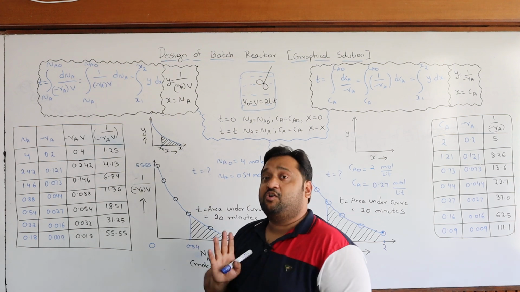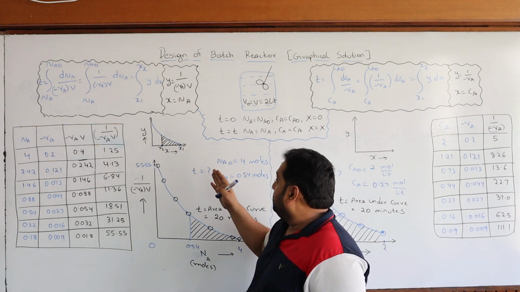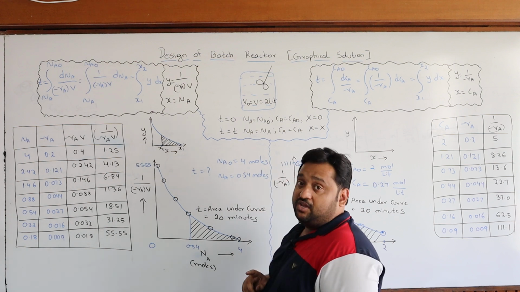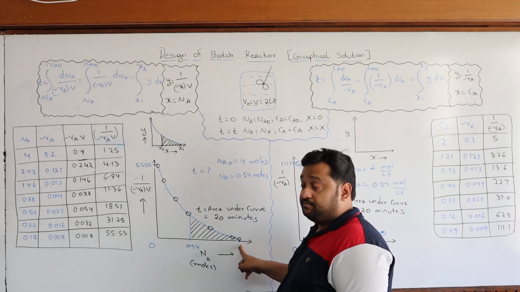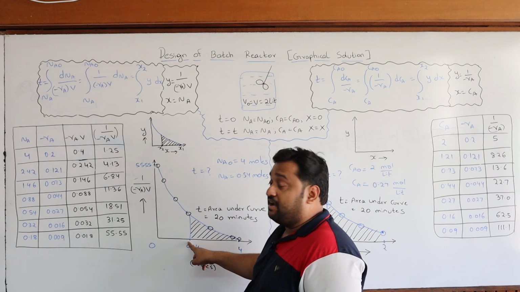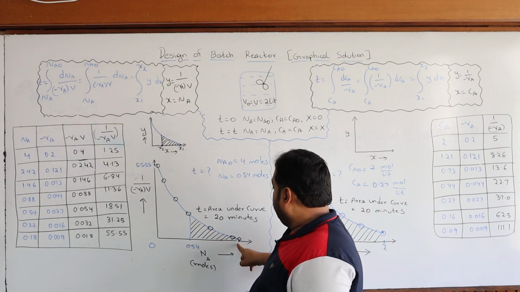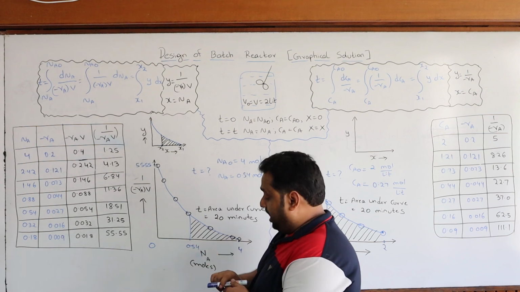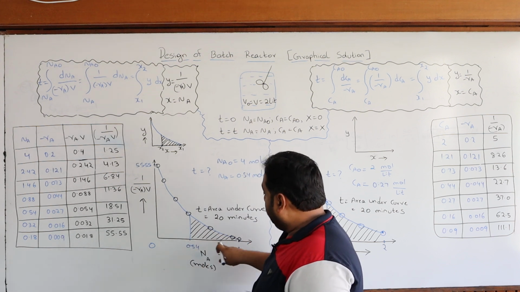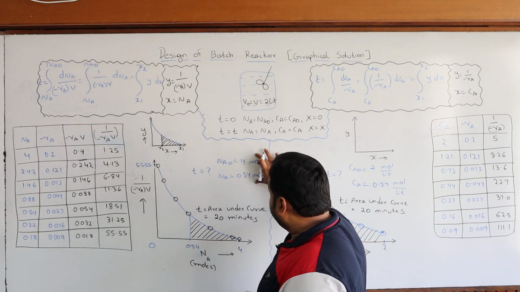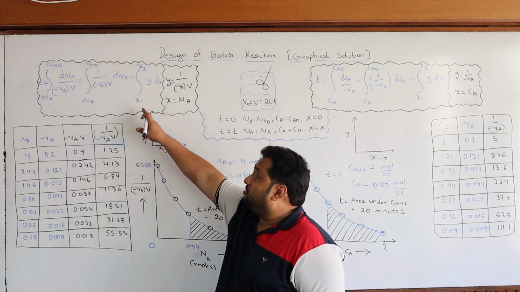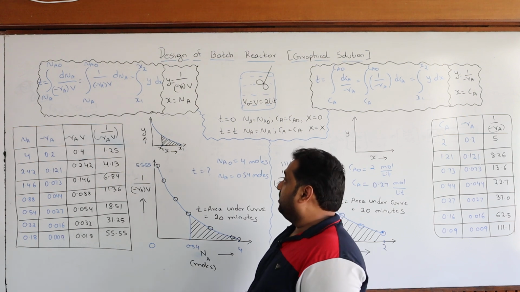That means on the graph you need to locate these 2 points, one is 4 and the second is 0.54. Mark these and find the area under the curve between these 2 points, and you get the time, because the area under the curve is nothing but the time.